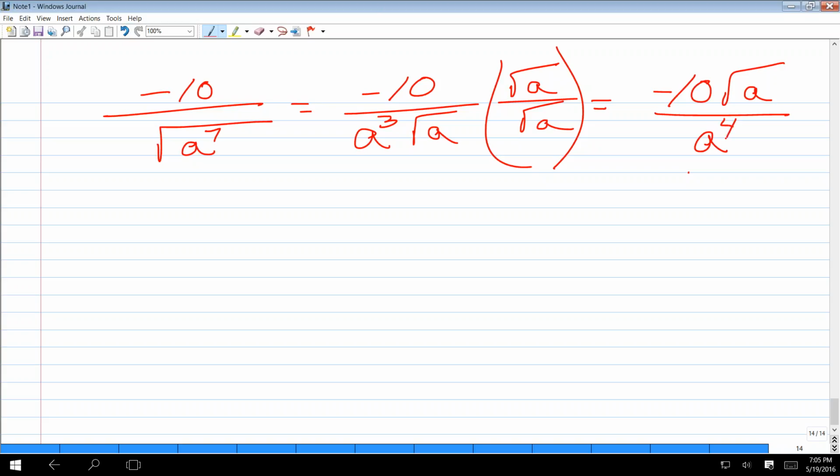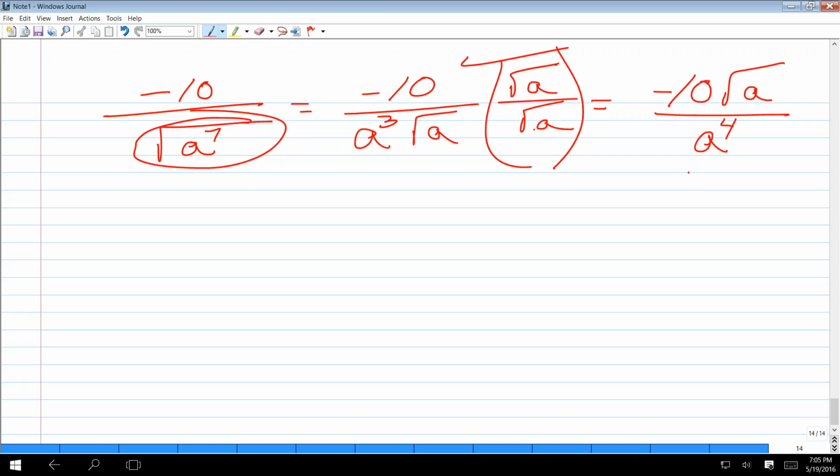So I get the same answer even if I start separating that out as my first step. And some would say that this might even be easier, this way here. Because notice the first time through, I had to multiply it by the square root of a to the 7th. Then I eventually had to whittle that down.